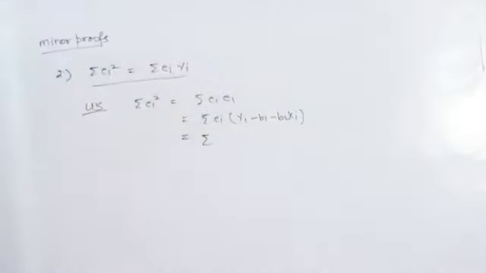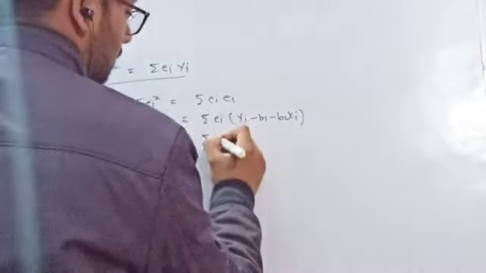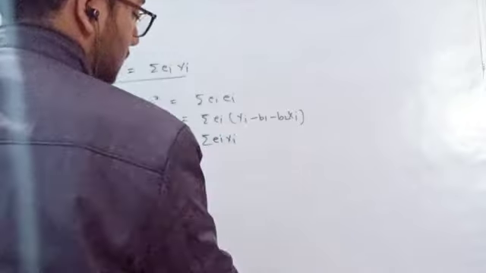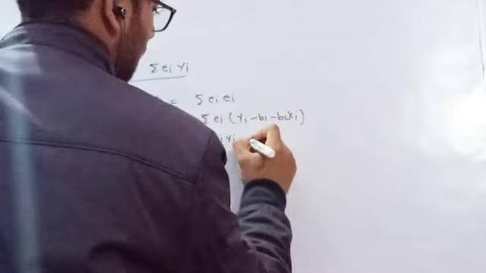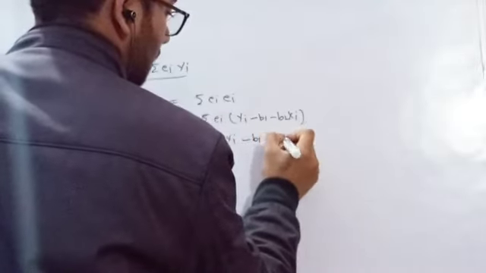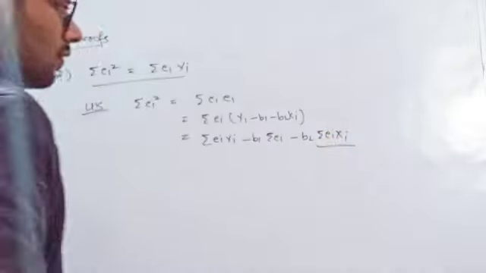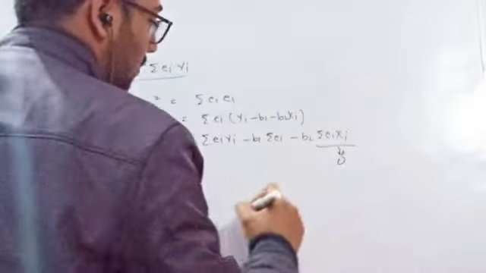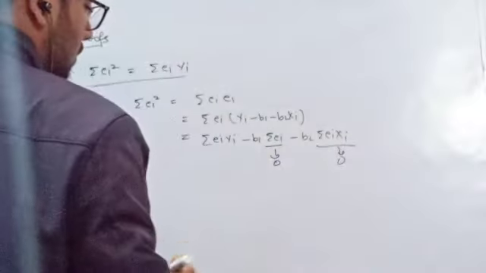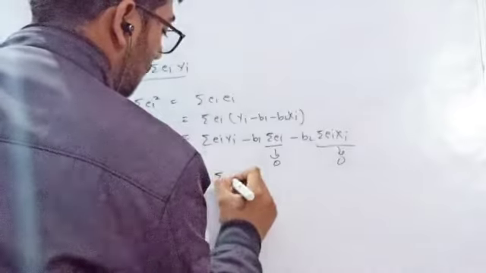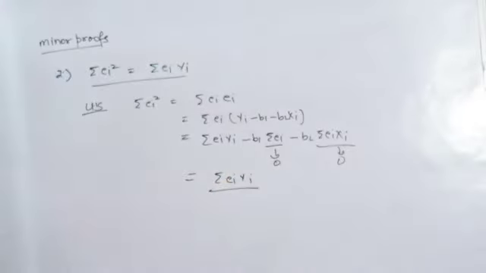Let's expand this one. We get summation ei yi minus b1 summation ei minus b2 summation ei xi. We have shown that this one becomes 0, and this also becomes 0, so what is left is summation ei yi, and we have proved this. So this is the second minor proof. Now come to the third and last minor proof.